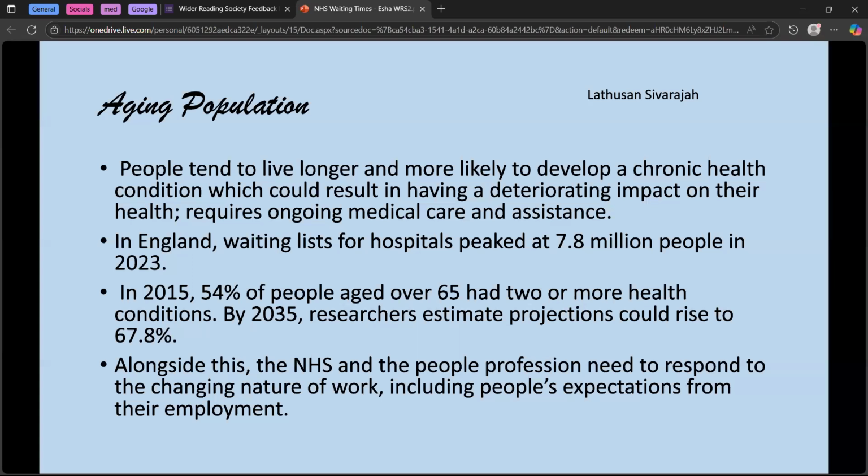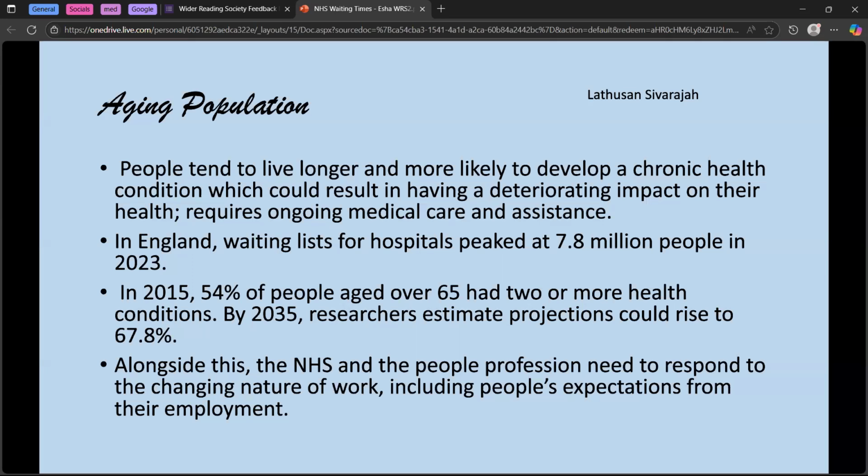Alongside this, the NHS and people profession needs to respond to the changing nature of work, including people's expectations from their employment. Demographics within the workforce are changing. Working lives are lengthening as the UK population ages. As the UK state pension age rises, more older people will be in employment.